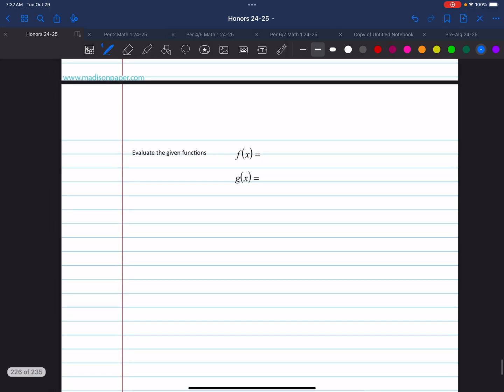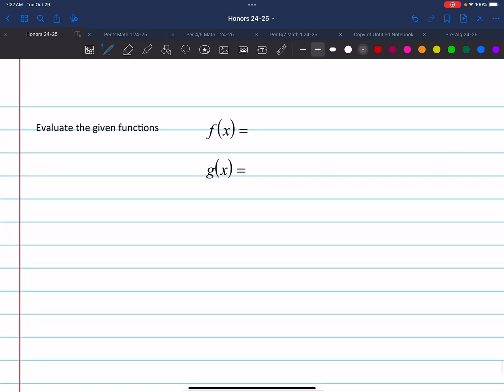Okay, and then we're going to evaluate functions. So let's say f of x equals 3 plus 2x, and let's say g of x equals 7 minus 2x plus 1. So if I say g of 3 equals what?